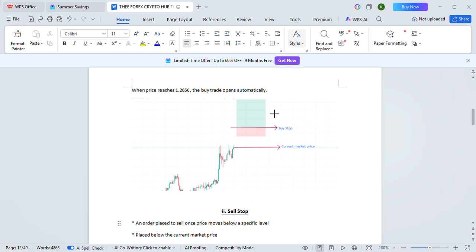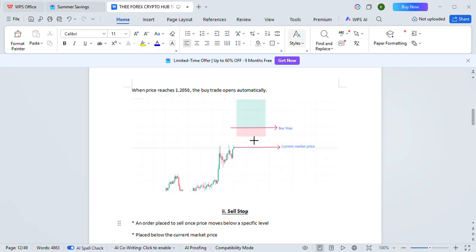Okay, right now on our chart, let me clear this. Now the current price is at this point, right? And maybe we expect the market to come back to where it had gone high.